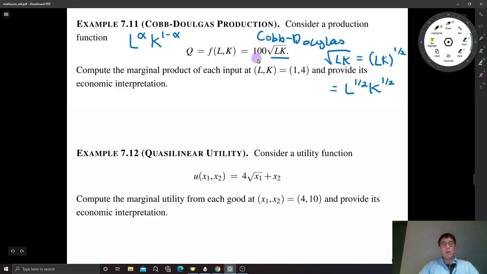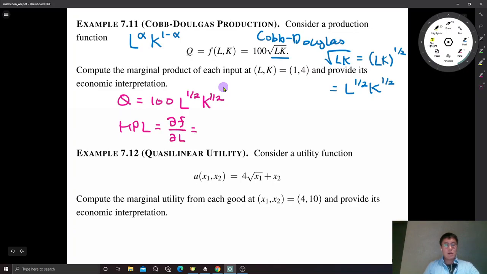Okay. Anyway, we can compute the marginal product of each input. So let me first translate the function to 100 L to the power 1/2, K to the power 1/2. Okay. Now let me compute MPL. MPL is the partial derivative of this production function with respect to L. Okay, so now we regard K as a constant.